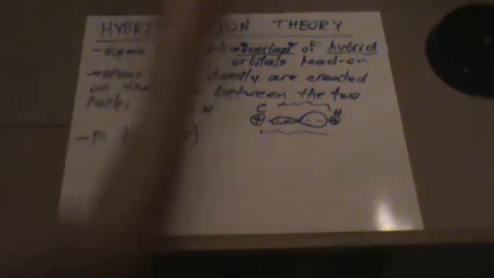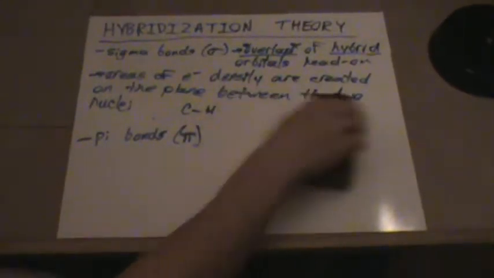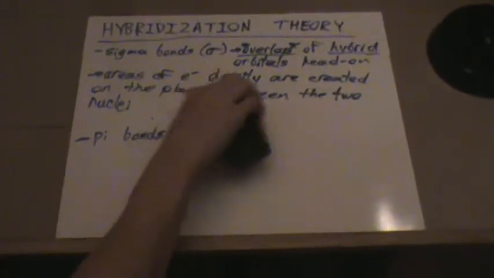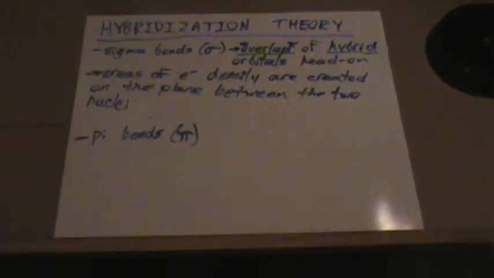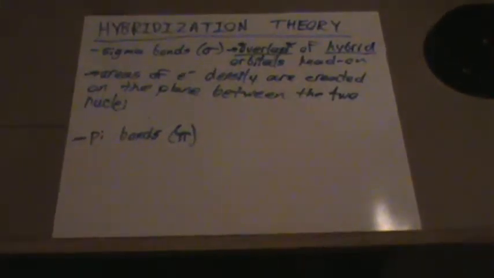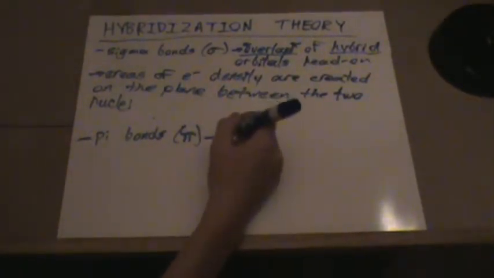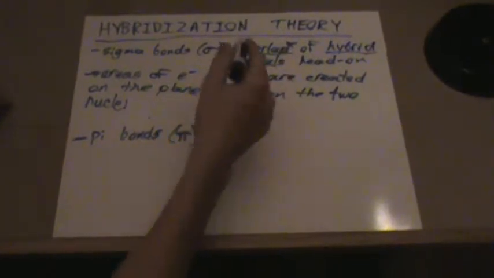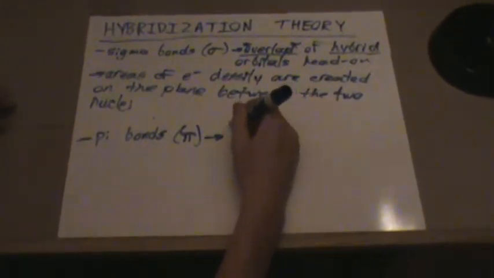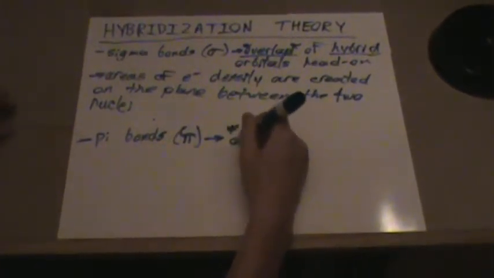Okay, so now we are going to look at pi bonds, and then look at exactly where they appear in different molecules. And then we will examine more characteristics. We'll figure it out as we go. Okay, and so pi bonds, and I'm going to run through this pretty quick. They overlap, very important word again.